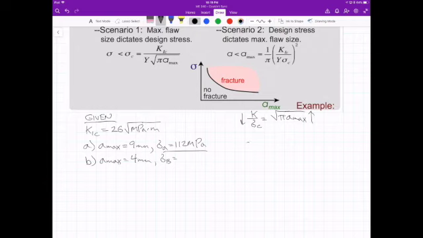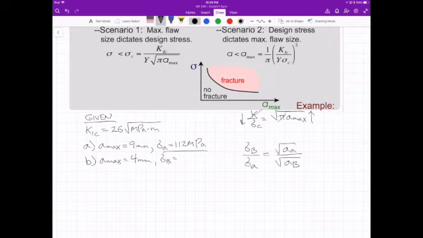We compare stress A, or let's start with stress B, the unknown, stress B, we'll put that at the top, with respect to stress A, and we relate that to the equation. Okay. So pi is a constant, K is a constant, we can cancel those out. We're just left with square root of inverse, so sigma B over sigma A equals the square root of the crack length of the A component over the crack length of the B component.